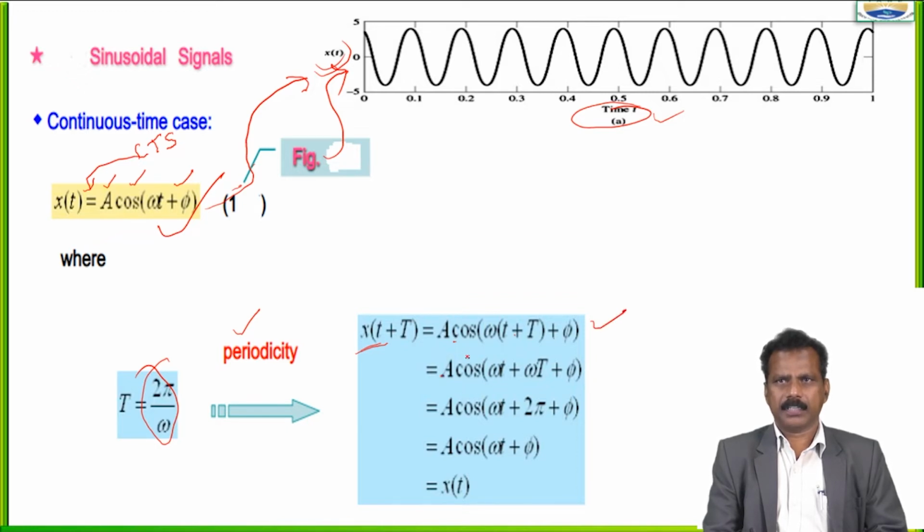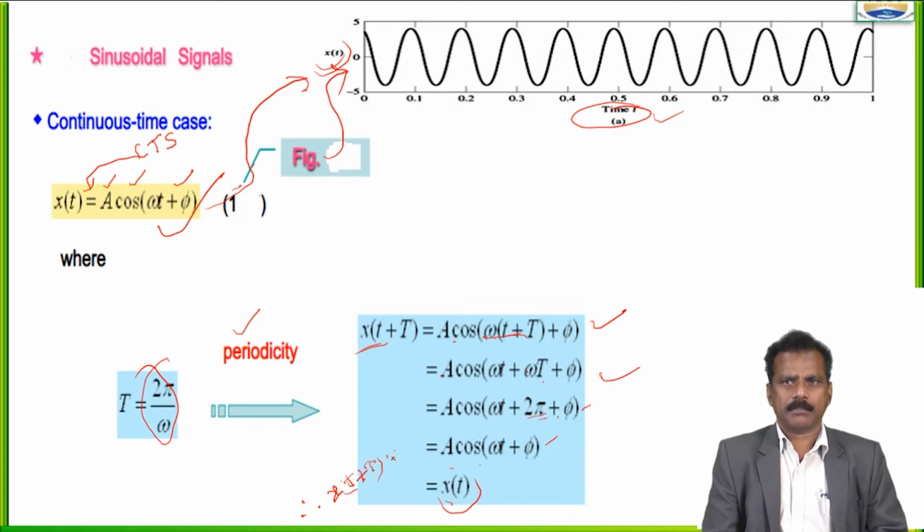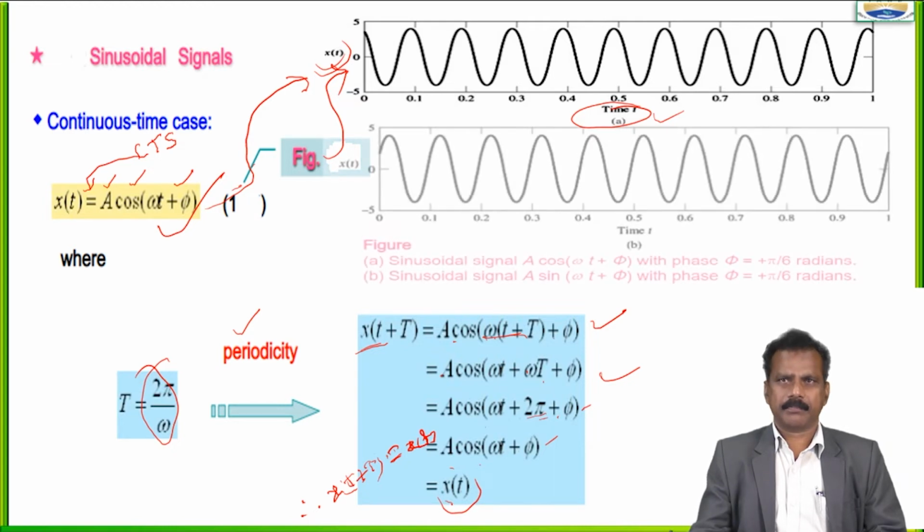We can simplify this: A cos of omega t plus omega T plus pi, which is A cos of omega t plus 2 pi plus pi, which is A cos of omega t plus pi, that is x of t. Therefore x of t plus capital T is also equal to x of t.